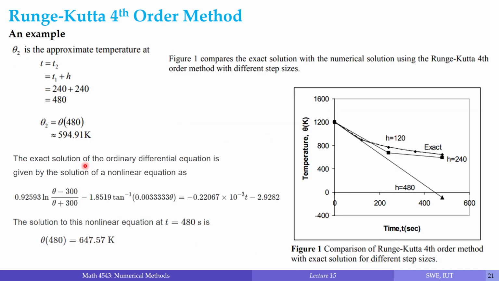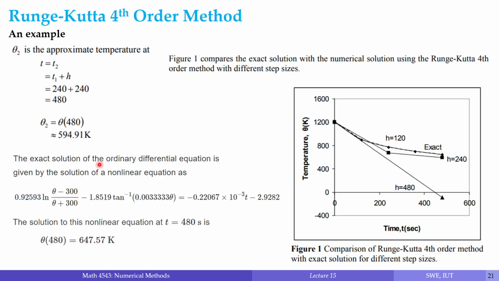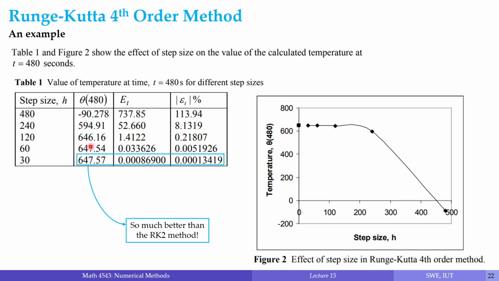So empirically we got 647.57 as our exact value, and for step size 30, after using the RK4 method, we end up with a value that is almost exactly that. We are rounding it to two decimal points, and if we round it to two decimal points, we get the exact value.